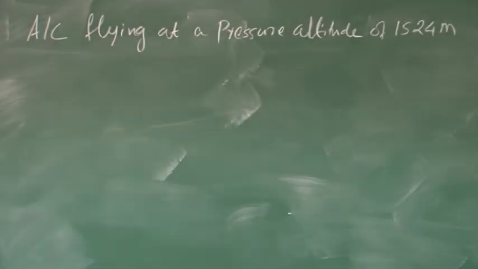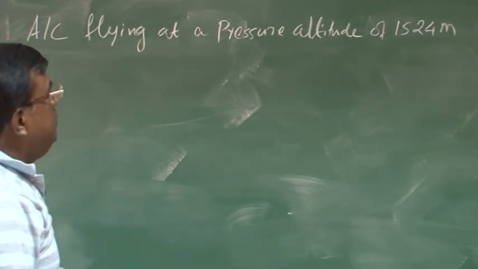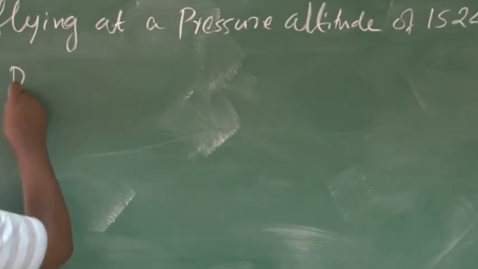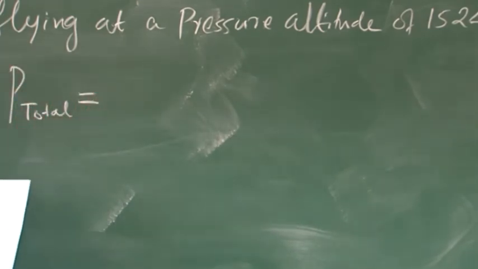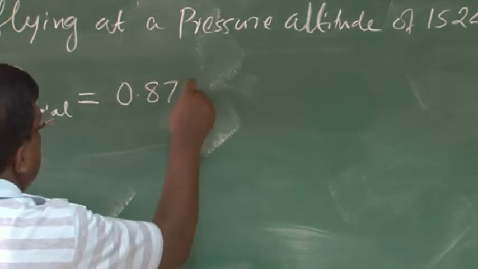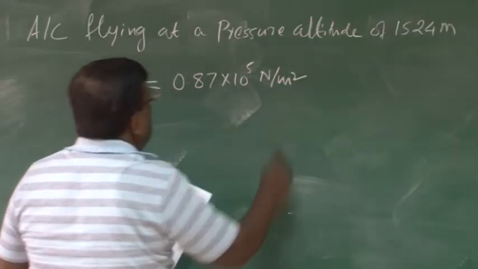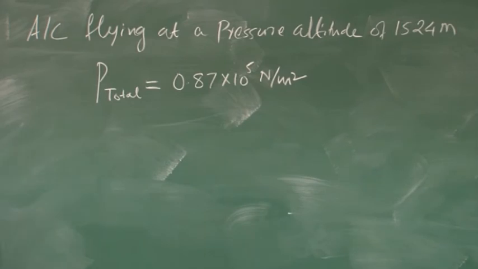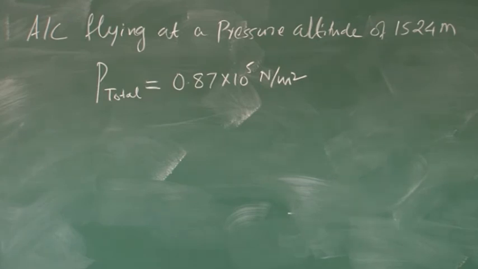The aircraft is flying at a pressure altitude of 1524 meter and P total, let's say the aircraft measured was 0.87 into 10 to the power 5 Newton per meter square. Please understand, this is the P total, that is the central tube of the Pitot tube. Let's say it was measured to be 0.87 into 10 to the power 5 Newton per meter square.